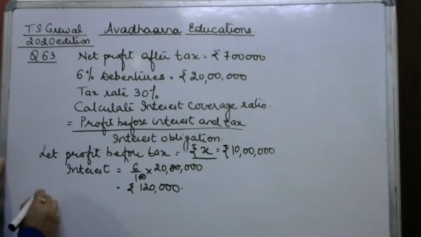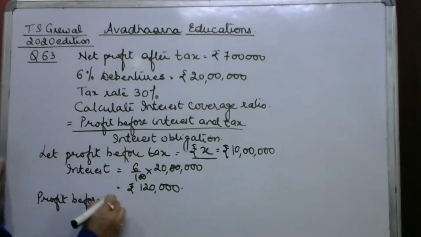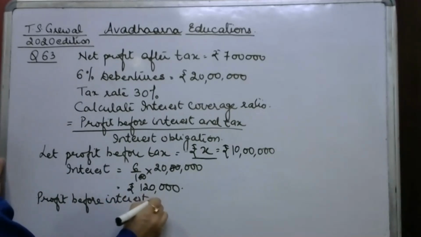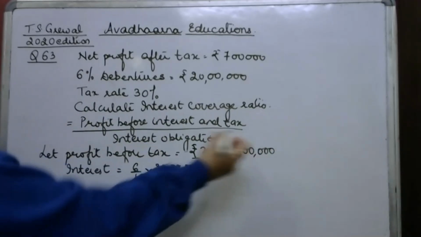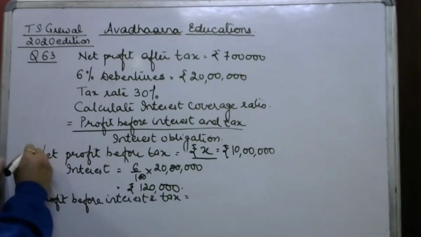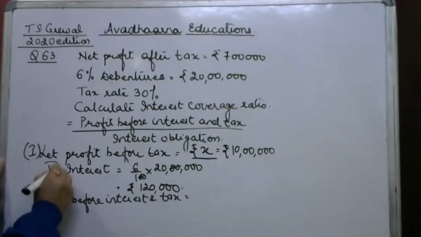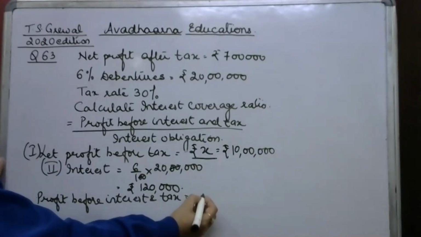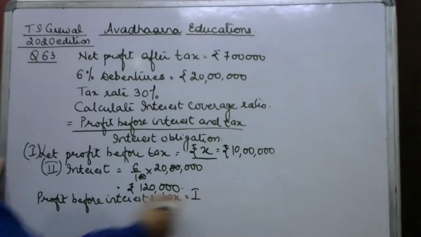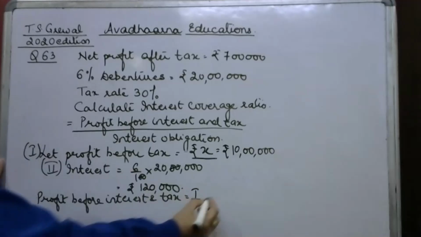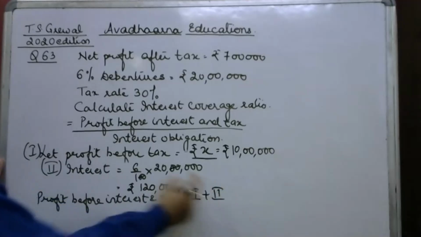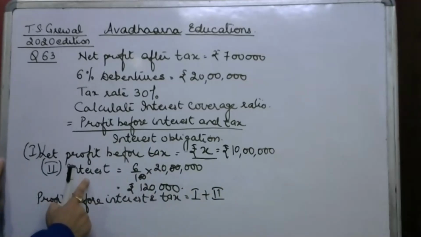Let's calculate profit before interest and tax. Let's say this is 1 profit before tax, this is 2 interest obligation. So profit before tax is 1, before interest and tax will be 1 plus 2. We will add profit before tax and interest, we will get profit before interest and tax.